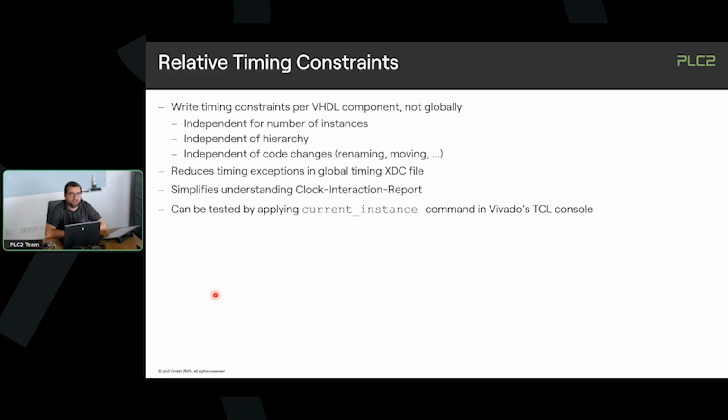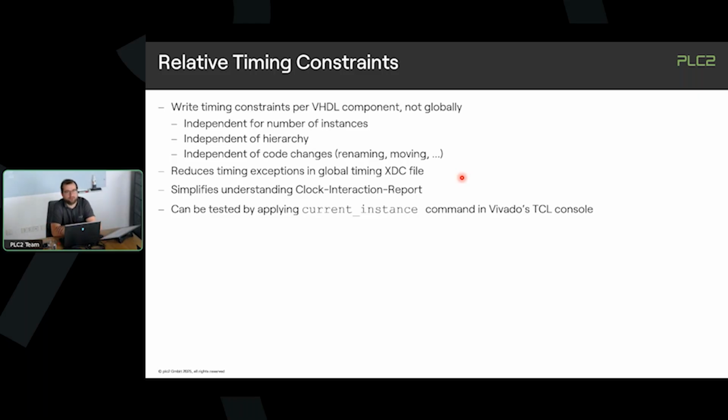These are then independent of the number of instances, independent of your hierarchy in your design, and independent of code changes. So if you move your synchronizer or a whole IP core to a different location, you don't need to rename or move your timing constraints because they are relative to the VHDL component. It also reduces the number of timing exceptions that you need to write into a global XDC file.